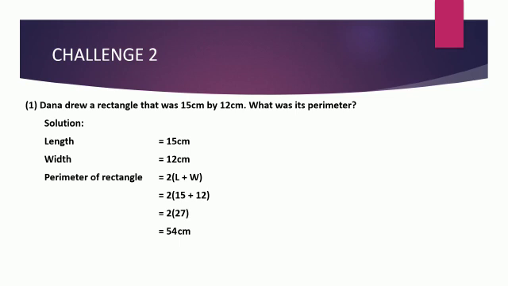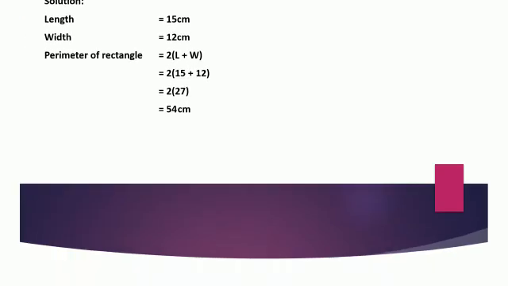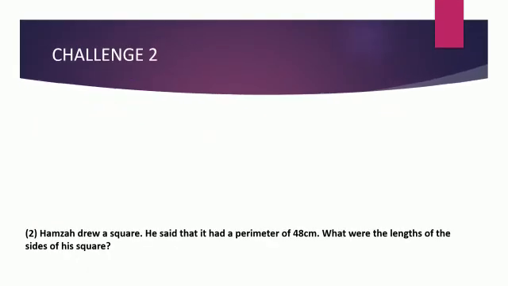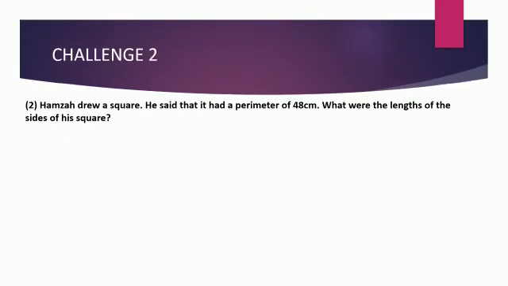It's our answer. Okay students, we got the perimeter of the rectangle that was drawn. It is 54 centimeter. Now move to part 2. Hamza drew a square. Now the shape that has been drawn is a square.